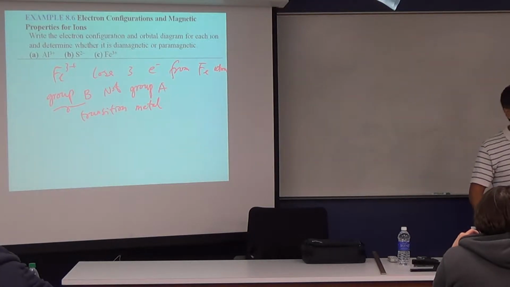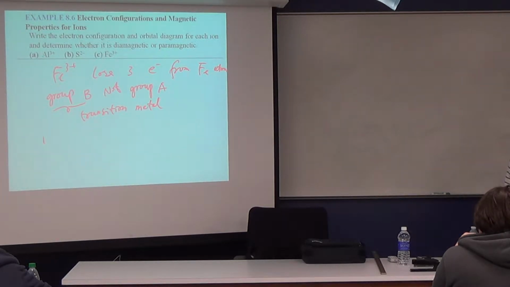Sometimes that does not make really sense. Get that? So therefore, you first identify the configuration for the Fe. We start with 1s, 2s, 2p, 3s, 3p, 4s. This time we need this 3d.